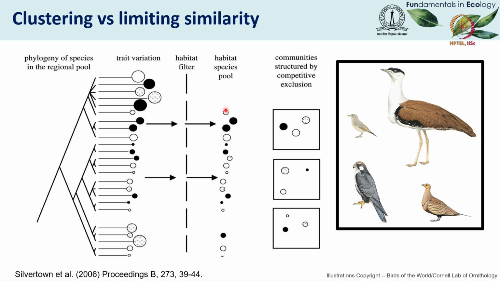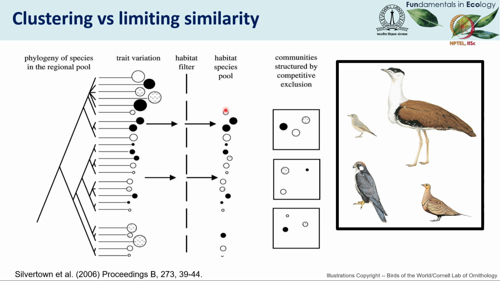So on the temperature tolerance axis, species in the habitat species pool will cluster. They will cluster, in this instance for example, towards warm adapted species, species that physiologically can tolerate higher temperatures.